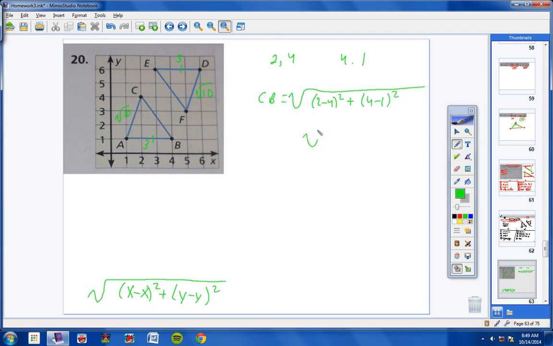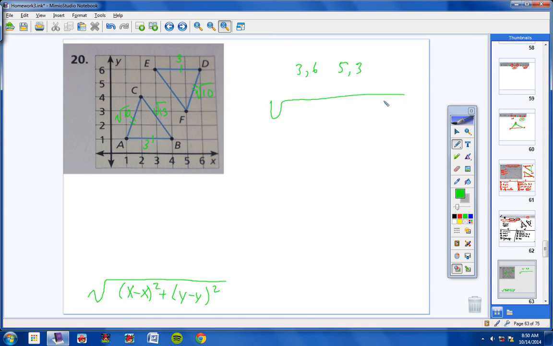So we would have negative 2 squared is 4, 3 squared is 9. I'm getting square root of 13. I hope that's correct. So square root of 13. Put 2 slashes here, 2 slashes here. And now let's quickly find the length of EF. EF is 3, 6, and 5, 3.